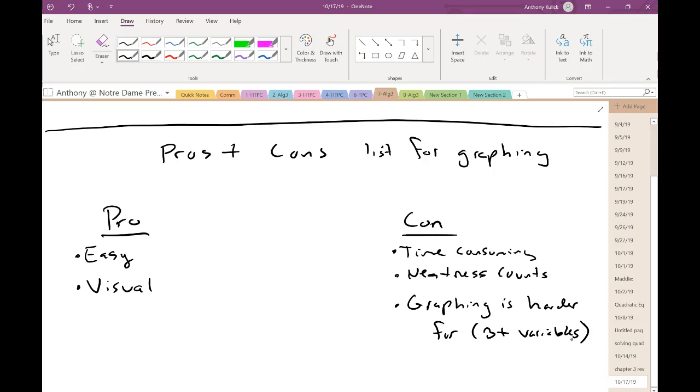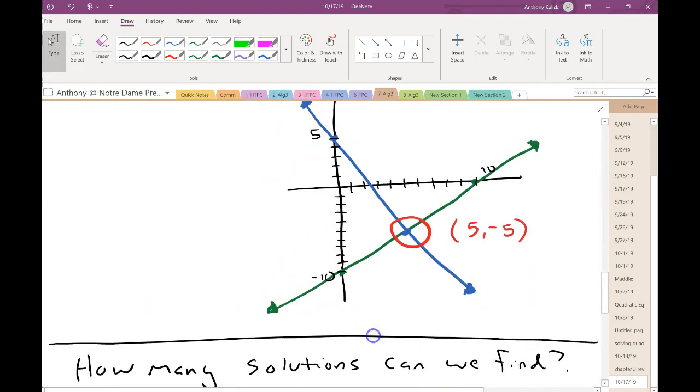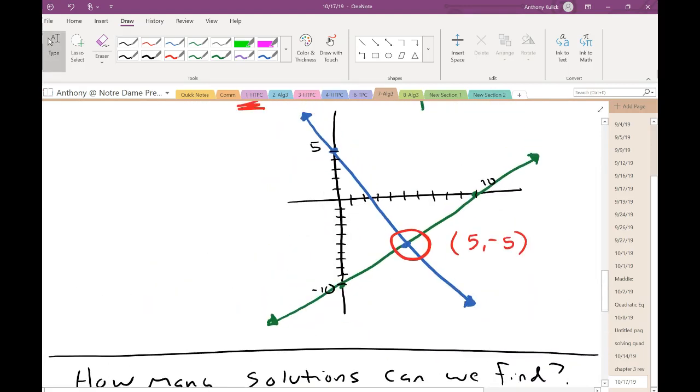If we still want to talk about just a 2-variable situation where we have x and y's and we have things that we can put into the xy plane, there's still one more important con when it comes to graphing. So let me point this out. If we go back to this problem that we did here, we said the solution was at 5, -5, because that looked like where it was going to cross, right?